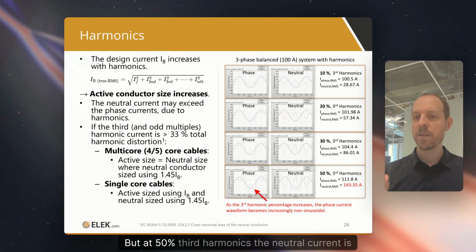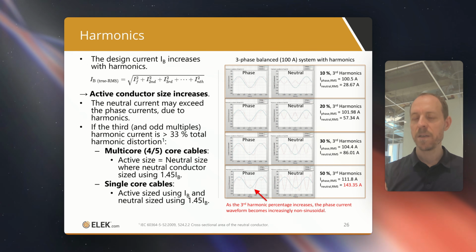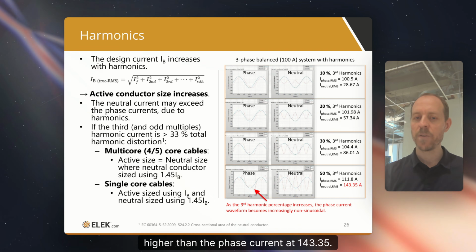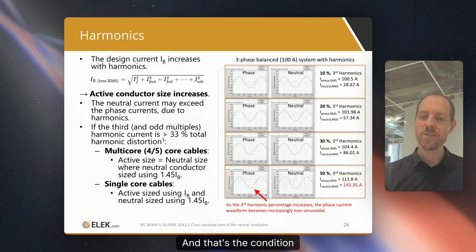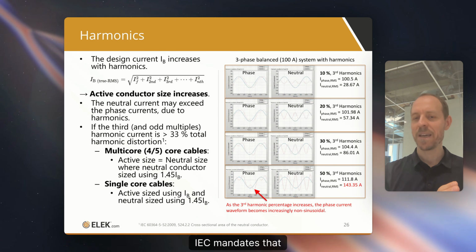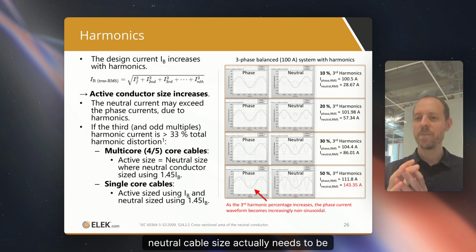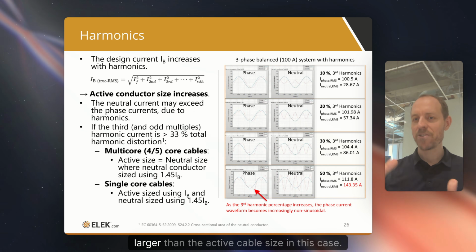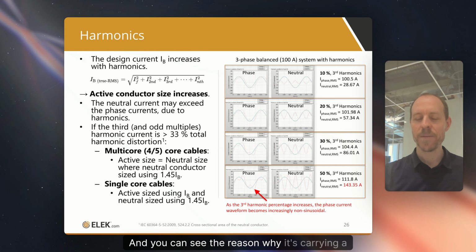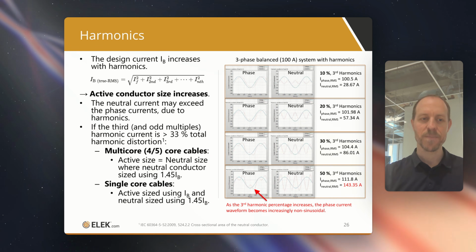But at 50% third harmonics, the neutral current is higher than the phase current at 143.35. And that's the condition where the IEC mandates that the neutral cable size actually needs to be larger than the active cable size in this case. And you can see the reason why. It's carrying a higher load current than the phase conductors.